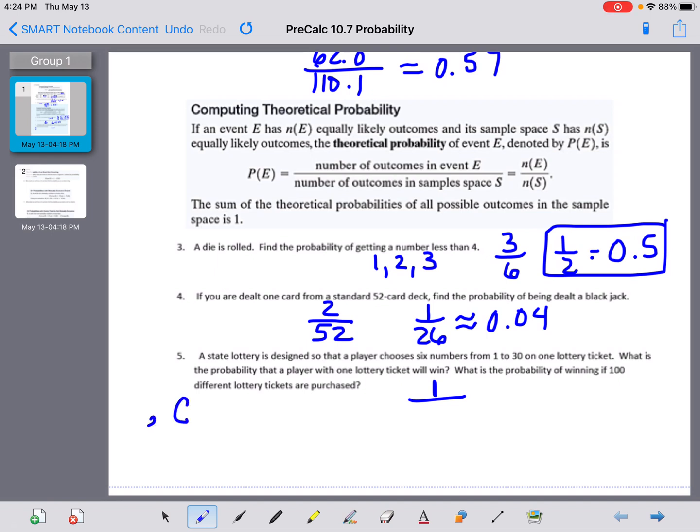There's 30 numbers to choose from, 1 to 30, that's 30 different numbers. And I can only have 6 numbers, so I'm using a combination of the 30 and the 6. So you can go ahead if you want, and you can do your 30 factorial over your 30 minus 6 factorial times 6 factorial, right?